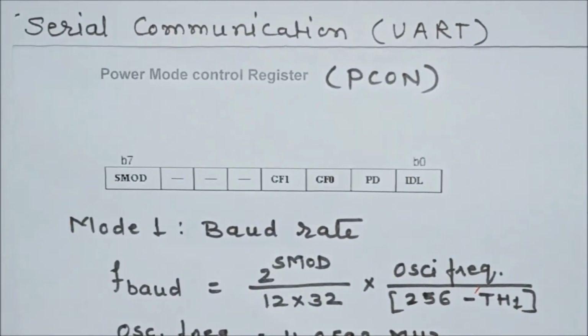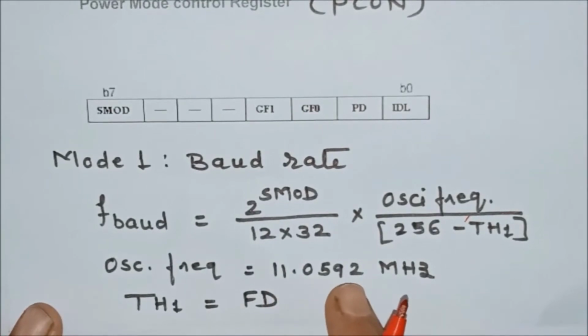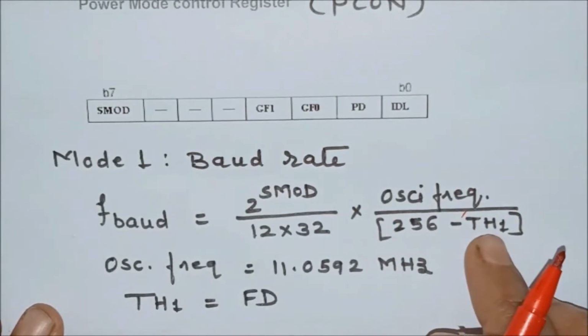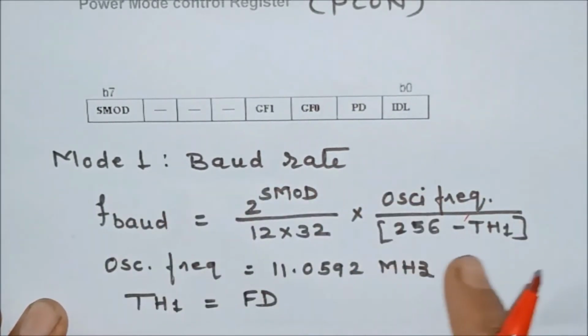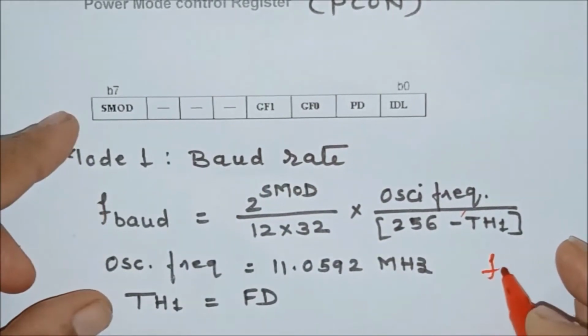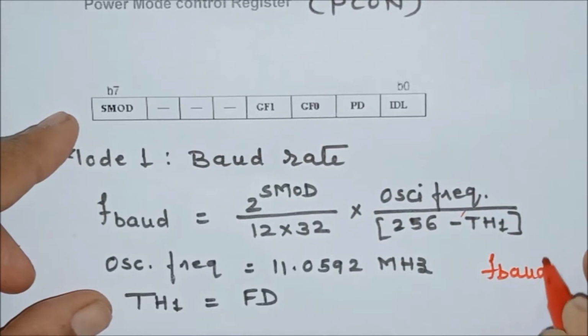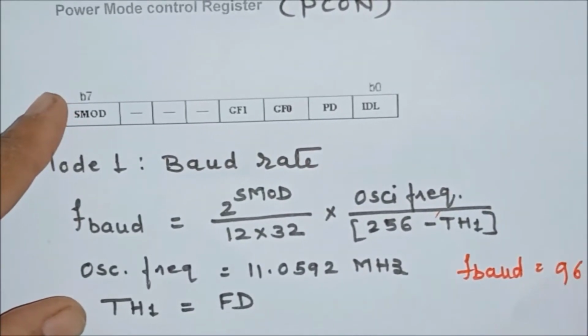We are using oscillator frequency as 11.0592 megahertz. So we have to find what count should be stored in TH1 register using this formula for baud rate of 9600, that is for transmission we are using baud rate of 9600.